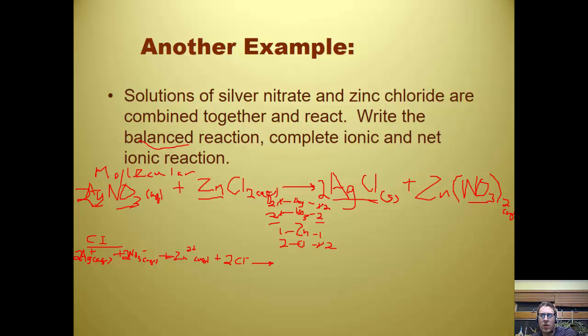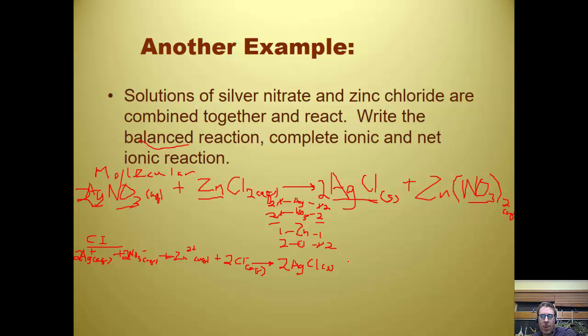However, we have AgCl and it's a solid. Is it going to break down? No. No, it is not. So we still need 2 of them. 2 AgCl solid. Don't forget your states.